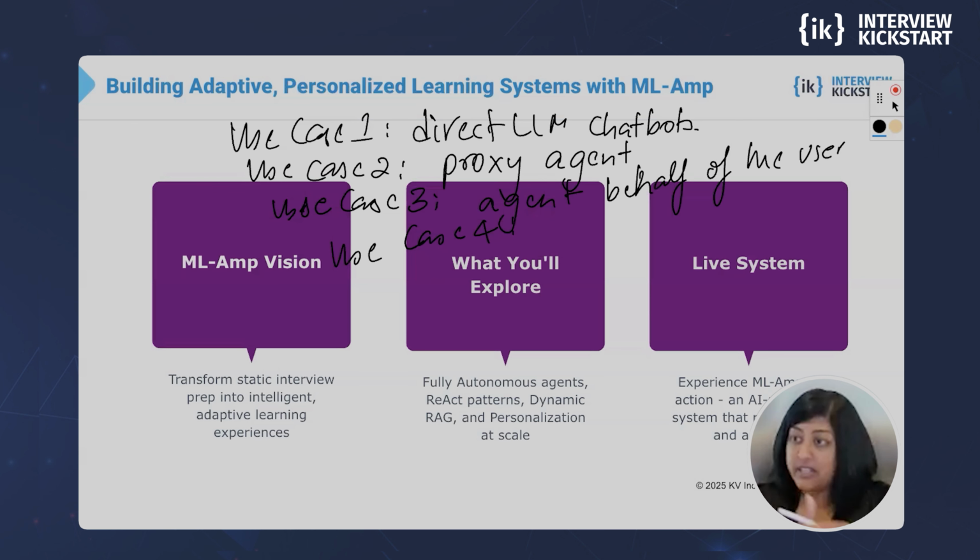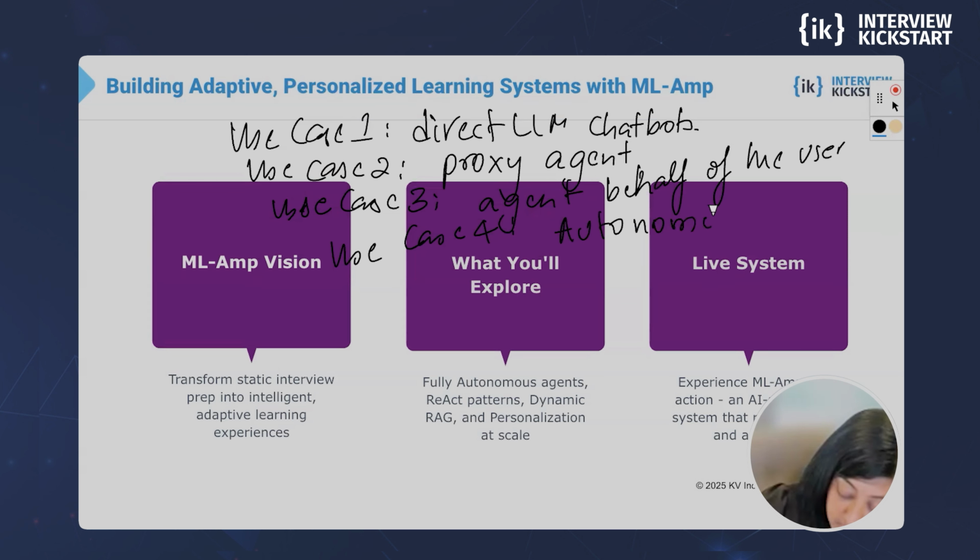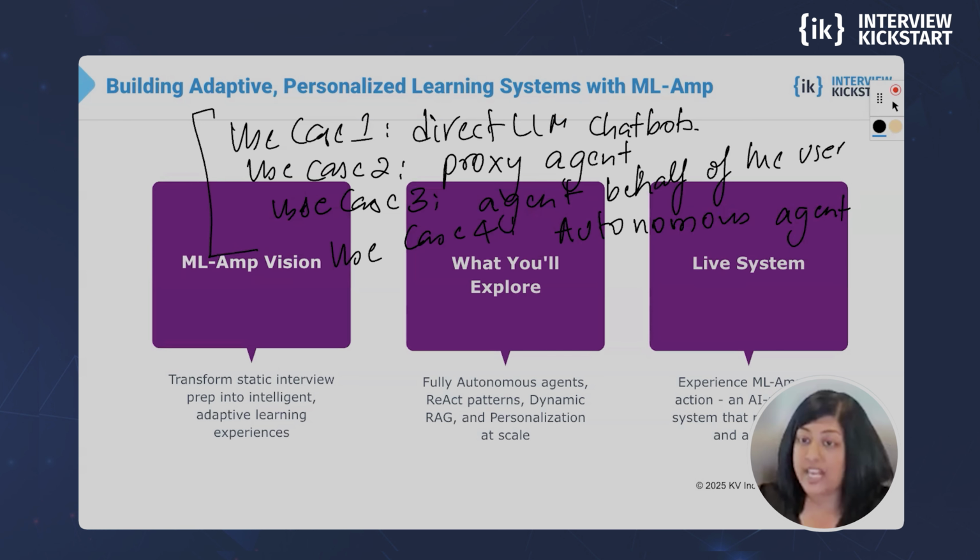To get you, the user or the driver or the passenger, from point A to point B, right? From your source to your destination. Now, these are completely autonomous agents, right? Autonomous agents that are reasoning, acting, and observing the environment to figure out how to achieve the goal, correct? So, four different interactions with LLMs.